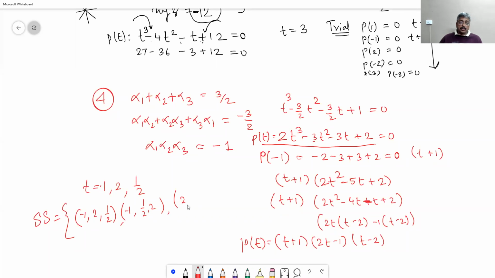Then 2, minus 1, half. Then half, 2, minus 1. Then half, minus 1, 2. This is what is your solution.